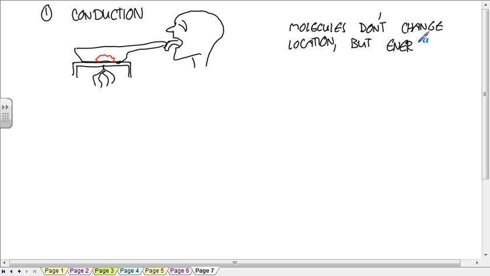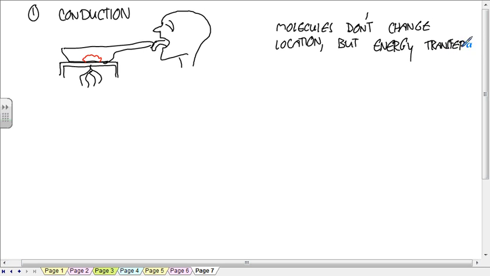But their energy is transferred from one to the next to the next. Okay.